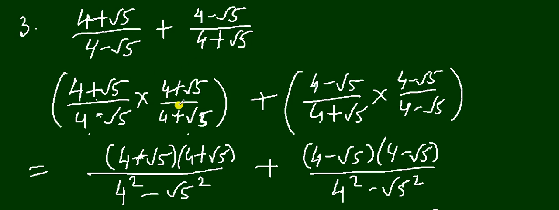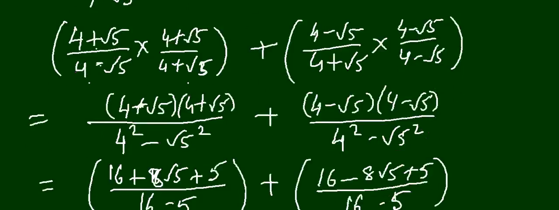The other method that I was mentioning was, instead of taking each of them separately, here you can combine them together and take your LCM, which will be nothing but this times this, so that this gets multiplied with this and this with this, but at the end you end up with the same answer.